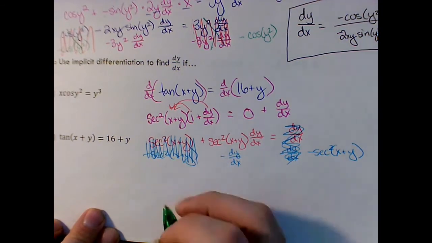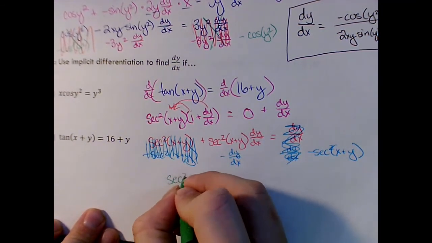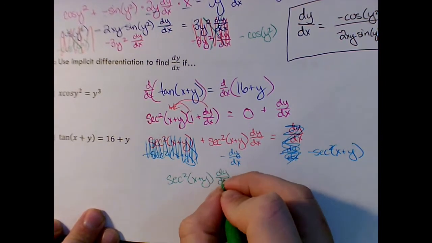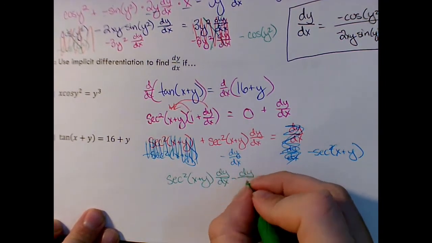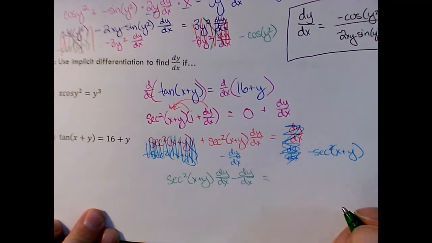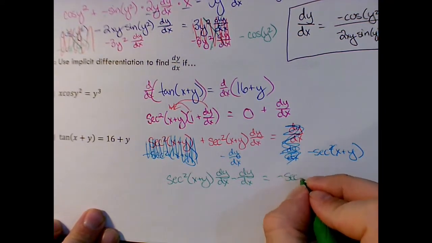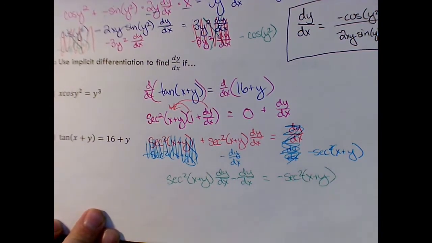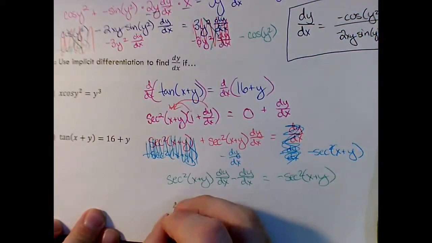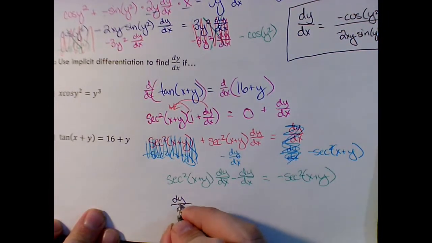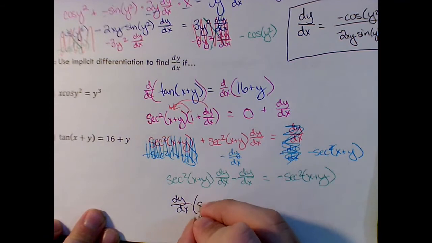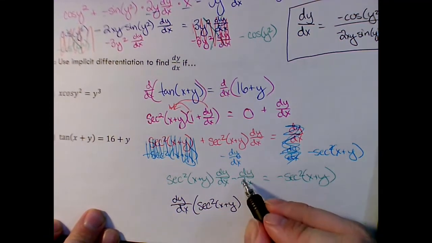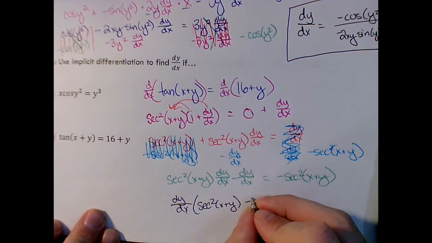So now on the left, what I have is secant squared of x plus y dy dx minus dy dx equals negative secant squared of x plus y. Let's factor out the dy dx. When I factor the dy dx out of the first thing, I'm left with just secant squared of x plus y. And when I remove a dy dx from negative dy dx, I'm left with negative 1.